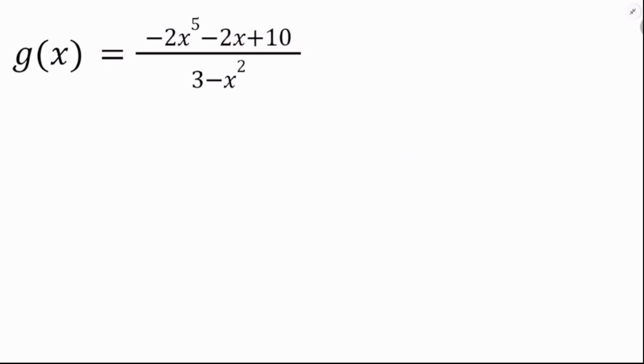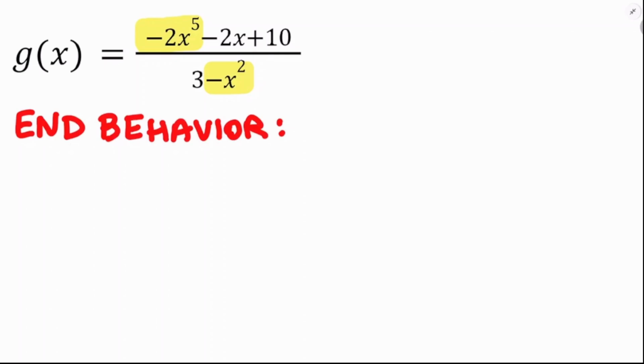Alright, for this one, it's not always going to be laid out so that the leading terms are right above each other, right? So I should probably just identify which ones I'm looking at here. The highest exponent is the negative 2x to the 5 and the negative x squared. So the end behavior is going to be determined by negative 2x to the 5 divided by negative x squared.